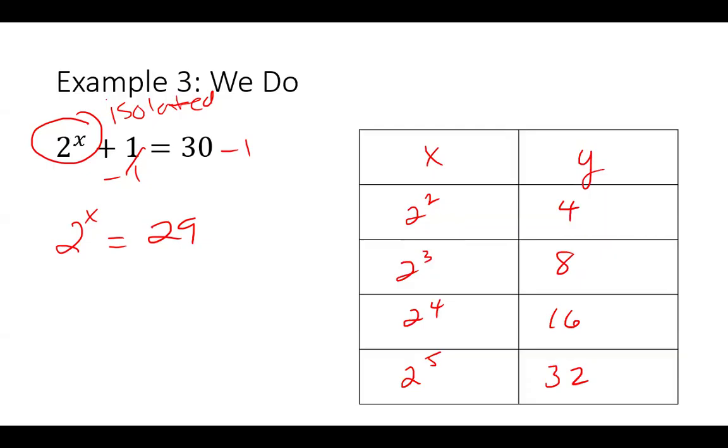No. Where do I stop at? 4 and 5. So we know x is greater than 4, but less than 5. And we know it's going to be closer to 5 because 29 is closer to 32. All right. So that little 2-step that we had to do, was it that bad?